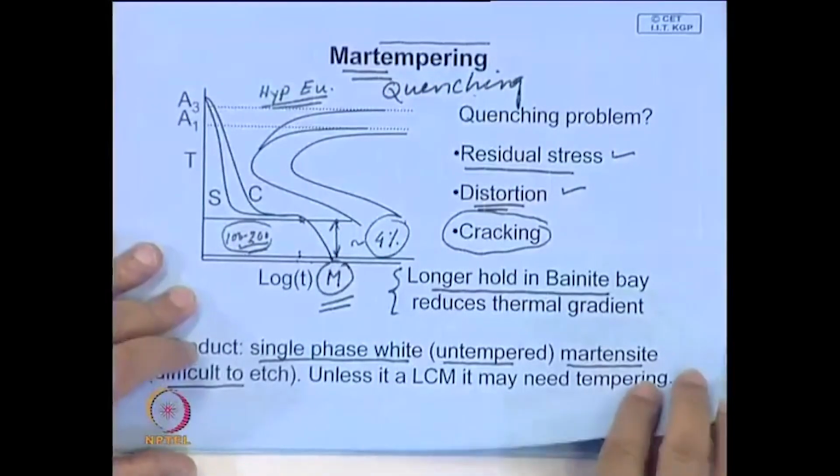It may transform during service, which may lead to change in dimensions. So, particularly in rather high carbon steels, it will be advisable after Mar tempering some amount of tempering may be necessary.